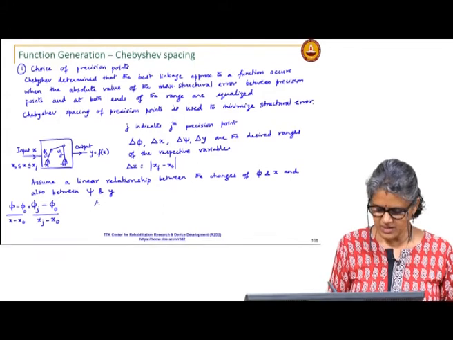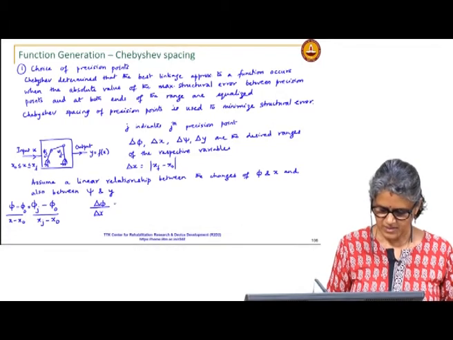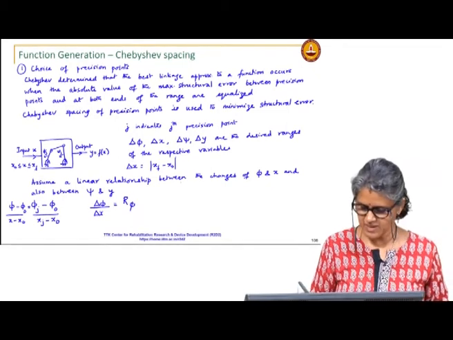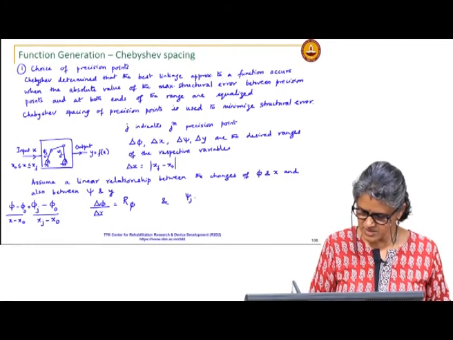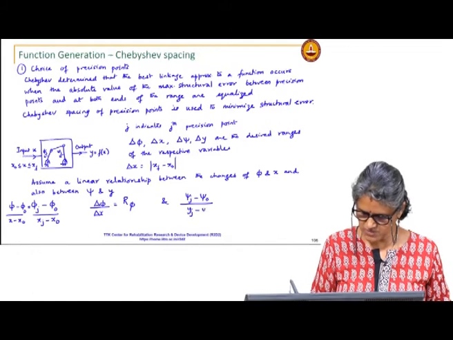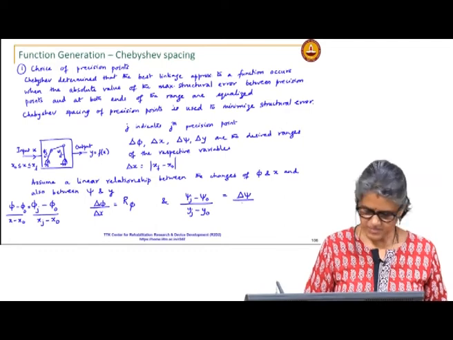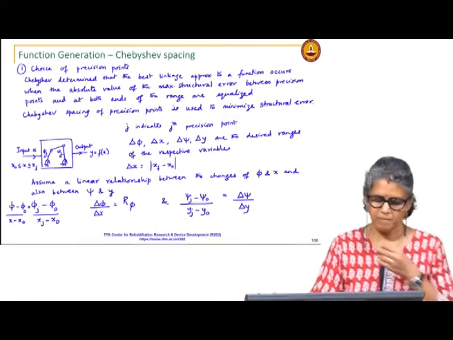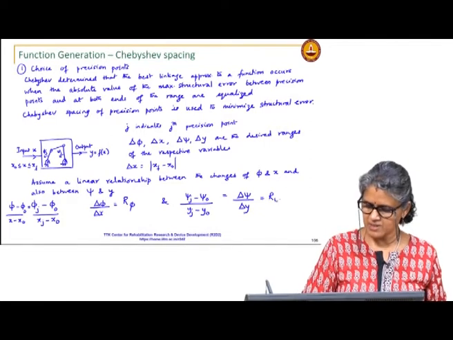You define delta phi by delta x as the scale factor r phi, and psi j minus psi naught by yj minus y naught is delta psi by delta y. This is defined as the scale factor r psi.